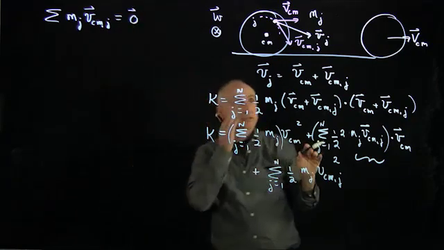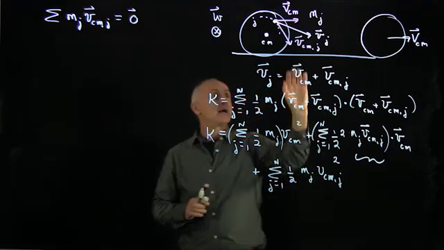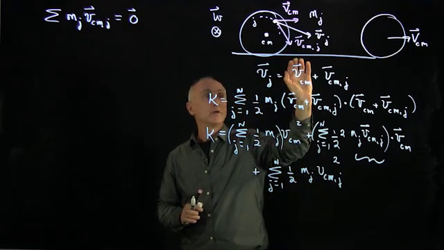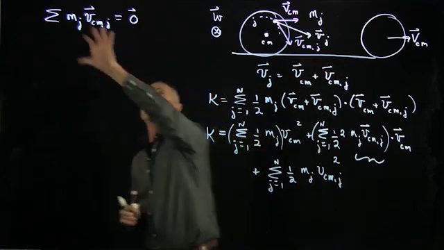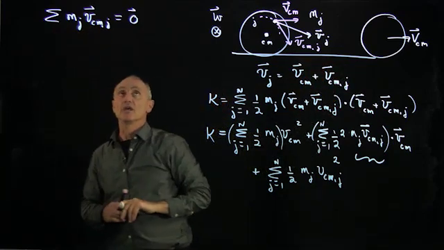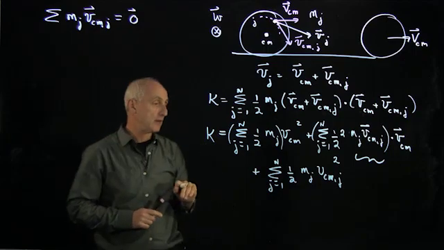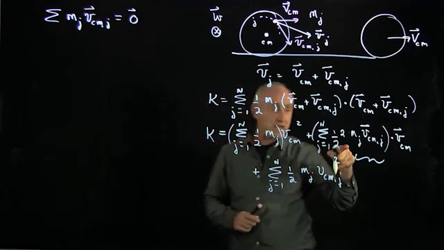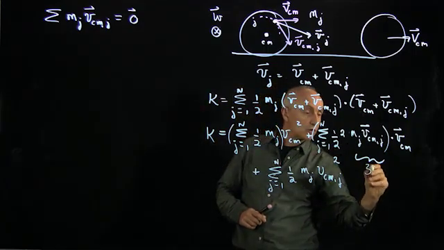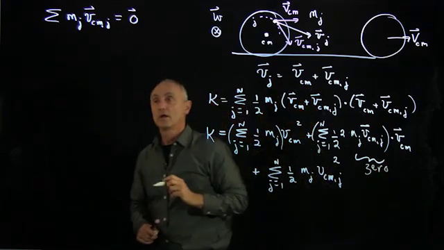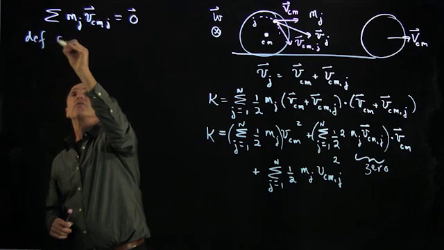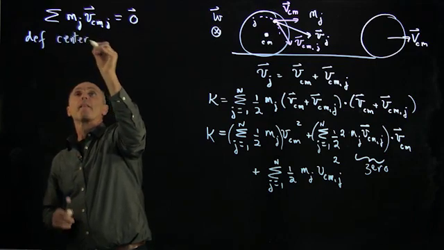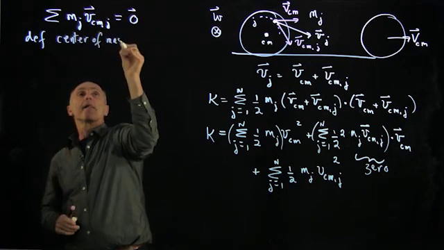So, for instance, if you're in the center of mass frame, moving with VCM, the only velocity is this, and in that frame, the sum of mj VCMJ is 0, and we did a video on that one before. And that's exactly what's in this term, so this term is 0.